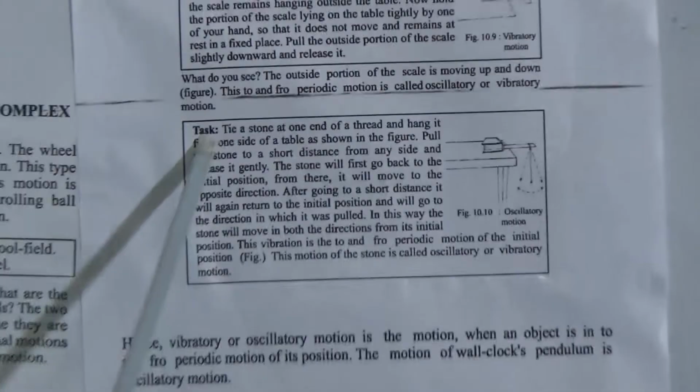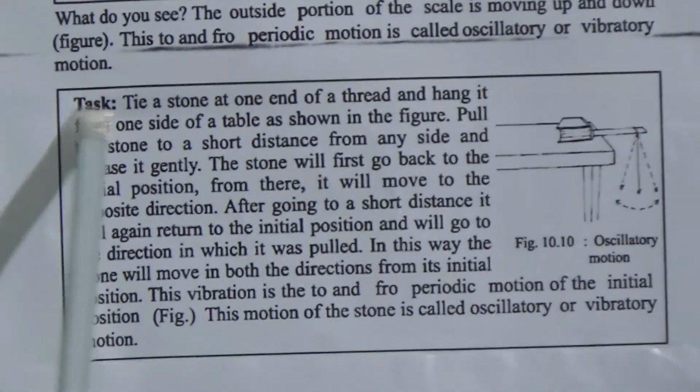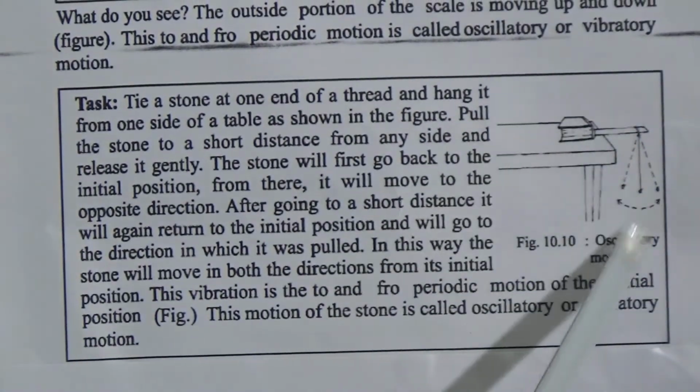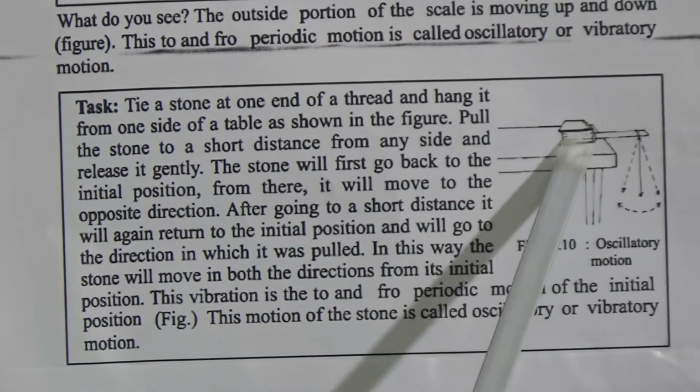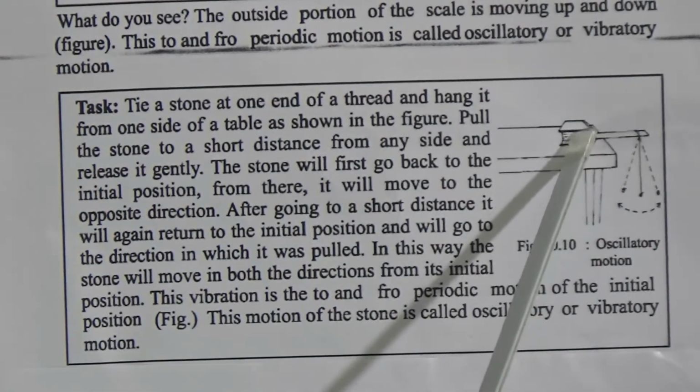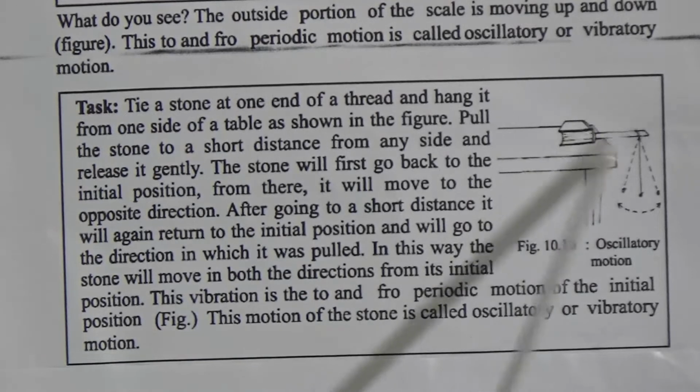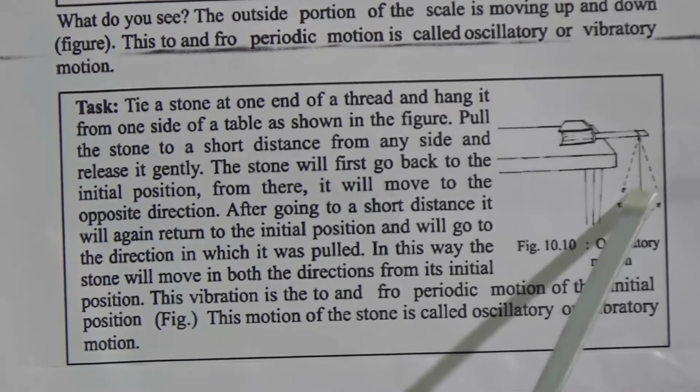The second task shows the oscillatory motion. We need some weight, so we will use some books for weight, and here we tie a weight or stone.